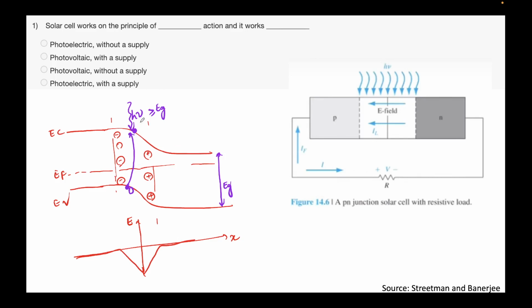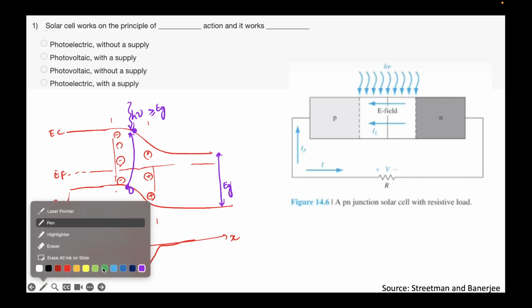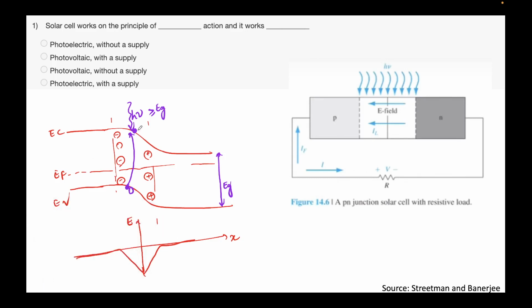Okay, what does this electron hole pair do? These are mobile charged particles. Please understand, we already have an electric field that exists over here. Okay, so what's going to happen is, which I'm going to denote in green color, the electron now will move, right? Electric field is in the negative x direction, so electron will move in the positive x direction.